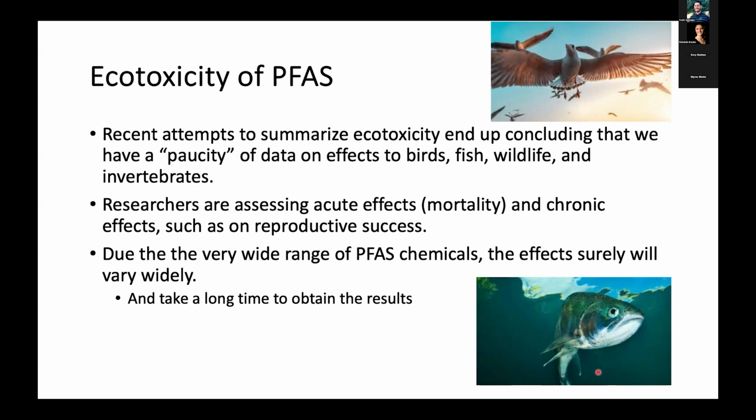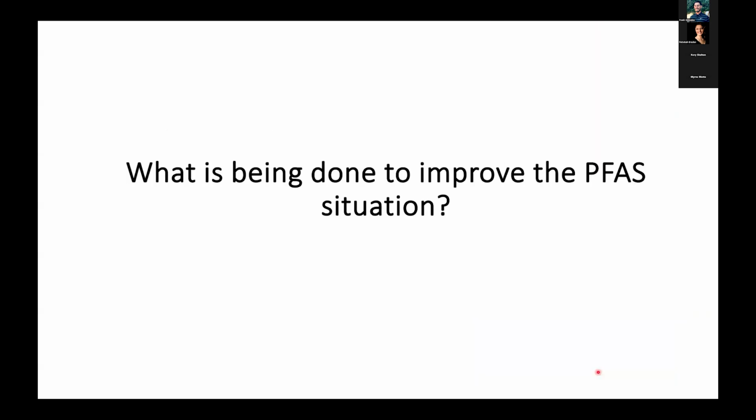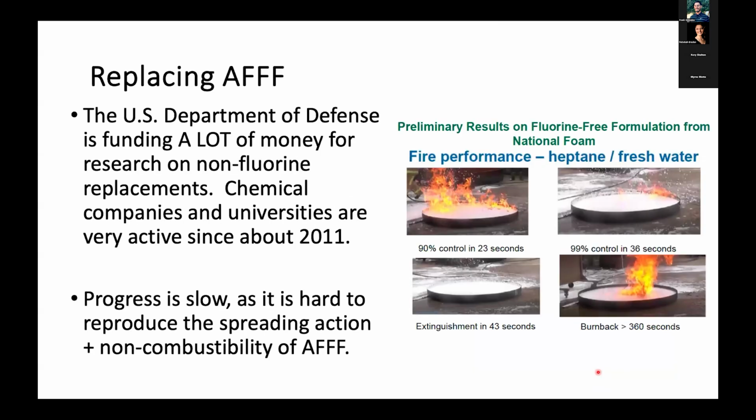All right, so we know we got problems. We know it's bioaccumulating. We know it has health problems on humans and probably in the environment too. So what are we going to do about it? Well, one thing we can do is we can stop using the most troublesome molecules. And so the AFFF is an example. It was, again, widely used for fighting fires, very effective for doing that, but it has a lot of problems.